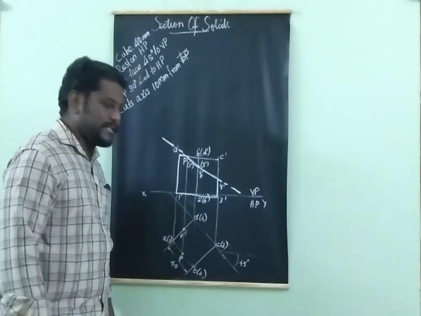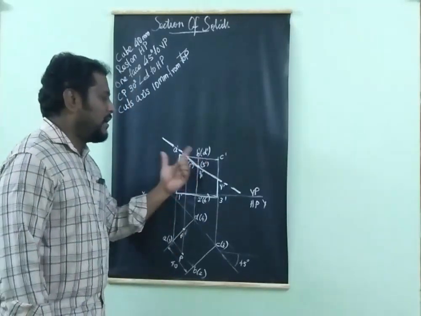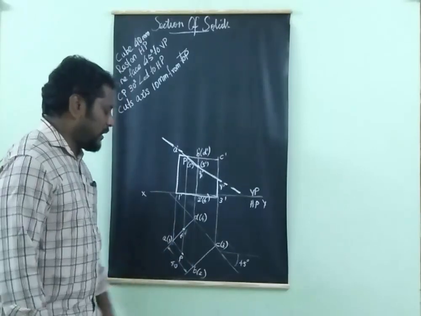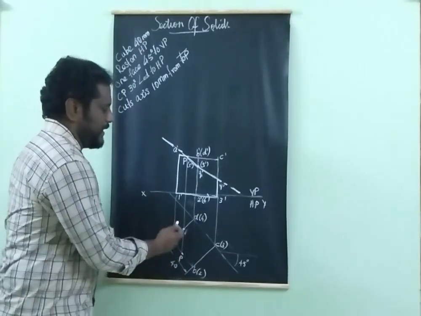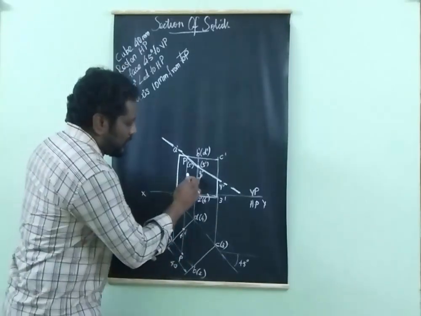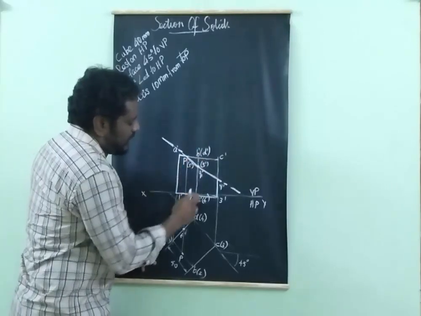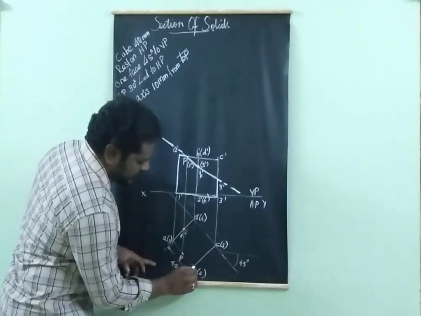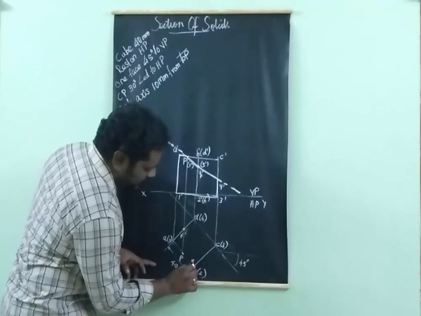To draw the sectional top view, you have to transfer all the cutting points to the top view. Already I transferred the points P and T. Now the point Q is in the longer edge 2B, so here the point Q will come.